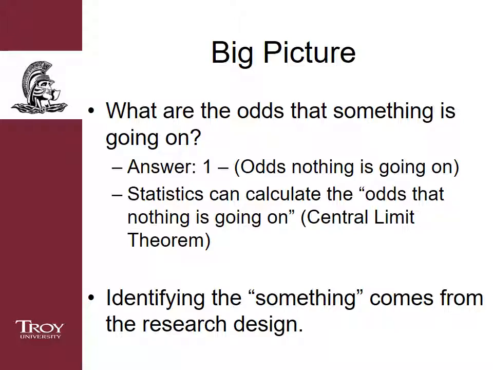You had some reason to think that men and women might be different, that gender attitudes might in fact affect political attitudes. You come with ideas through the research design process, with a presumption that there might be something going on. What statistics tests is really the odds that nothing is going on. That's an important point.